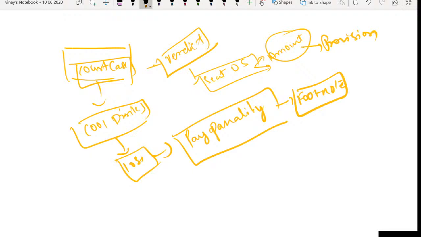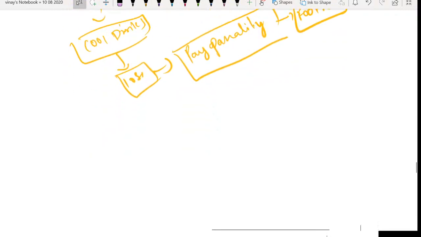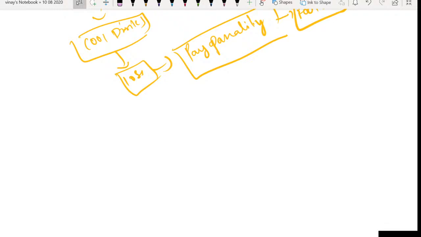So contingent liability means your liability depends upon the happening or not happening of an event. Contingent means the happening or not happening of an event outcome.